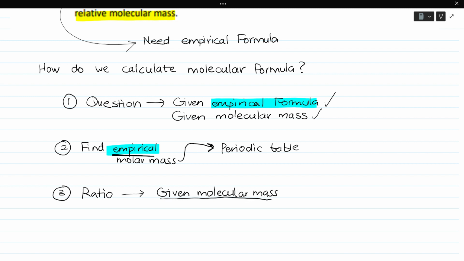The hint here is it's usually the larger value. So if you ever forget, it's always going to be the larger value. You take your given molecular mass and you divide it by your empirical molar mass that you found.